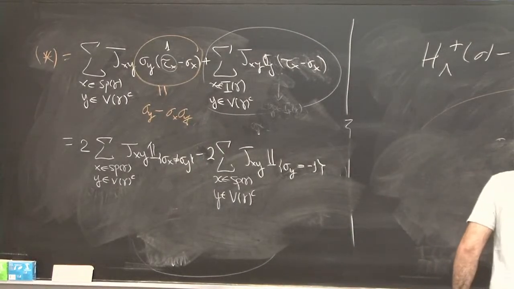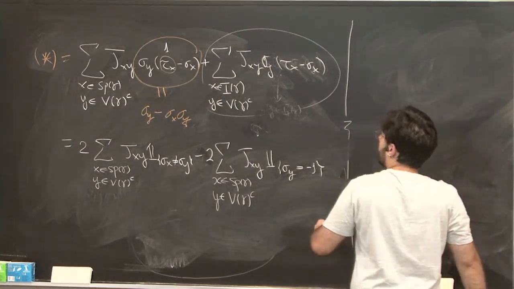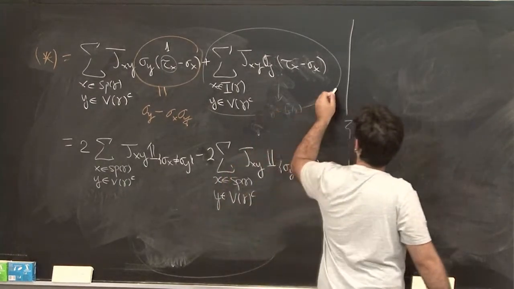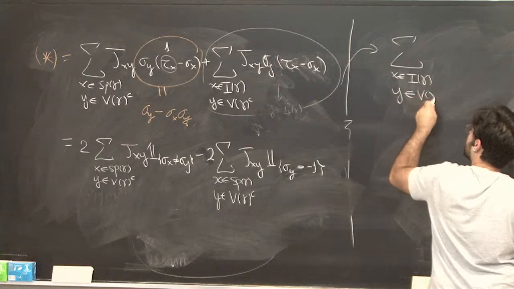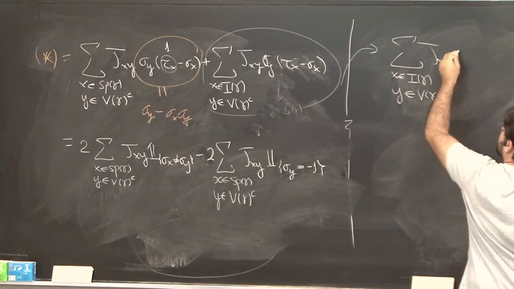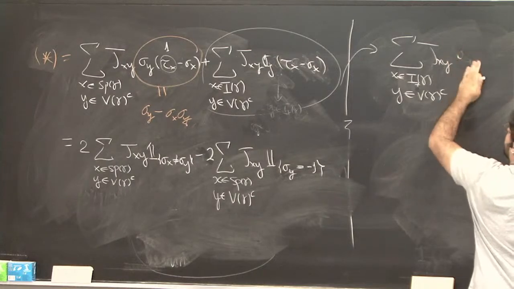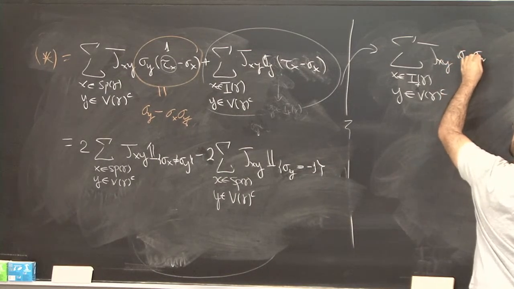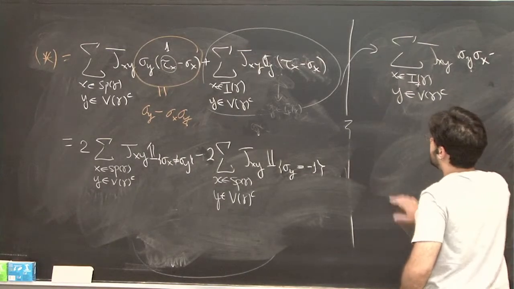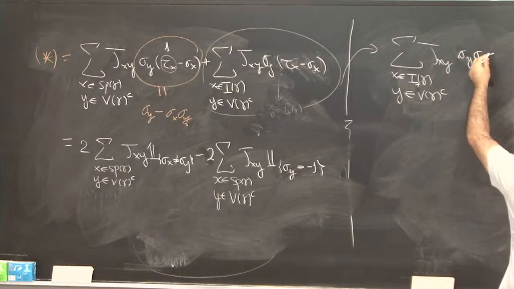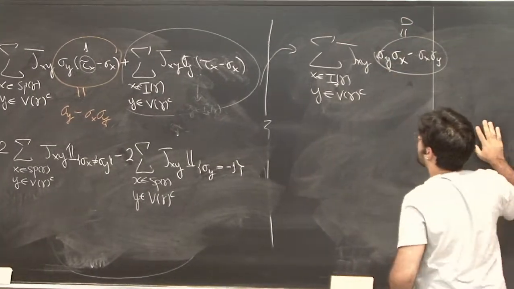So for this term over here, I divide it into 2 terms, jxy sigma I, and now since I am in the plus interior, tau x equals sigma x, and then this will give me 0. So this whole term is 0.